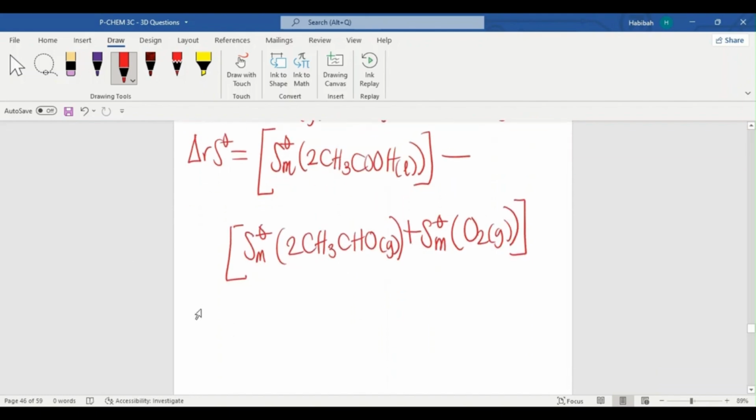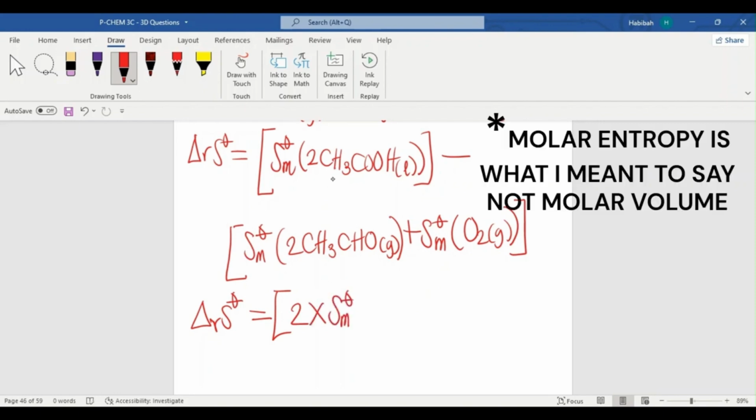Now, the next thing you have to do is reorganize this particular expression. The standard entropy of reaction would simply be 2 times the molar entropy of the molecule. So we're not just going to be finding the molar entropy of 2CH3COOH, because that does not exist in the resource section of our text. That does not even exist in chemistry. The 2 is just telling us how many of CH3COOH or how many of CH3CHO. We just have to bring out the coefficient, or the amount, times the molar entropy of the actual molecule or compound.